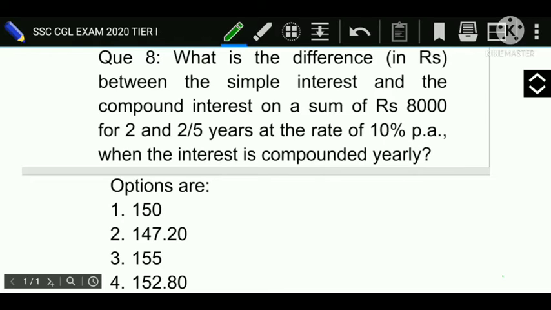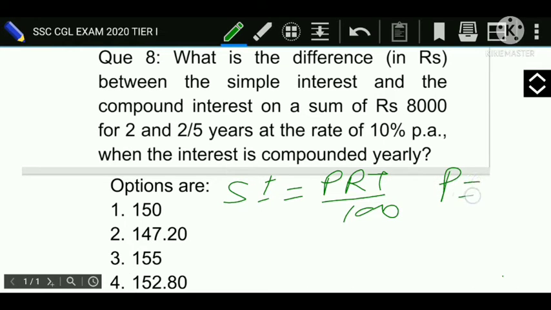So here all the information is readily available. Only a little calculation is required. If we use the interest formula for SI, that is PRT percent, and we know P is always 100%, and 100% is equal to 1.